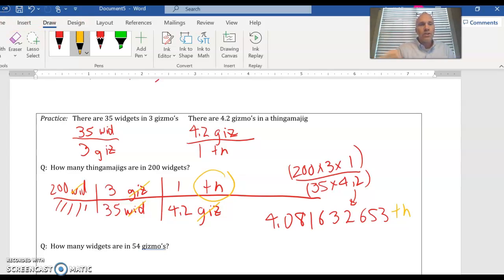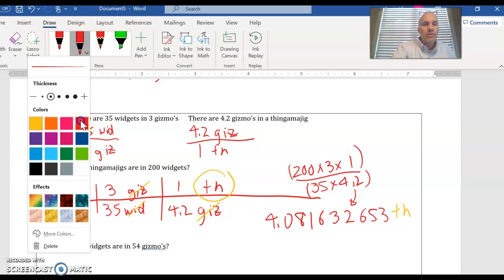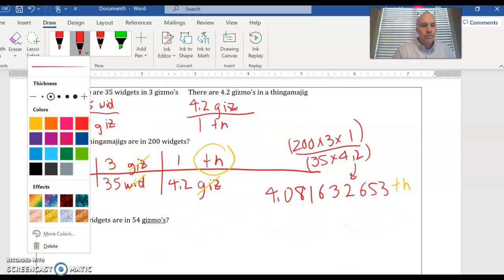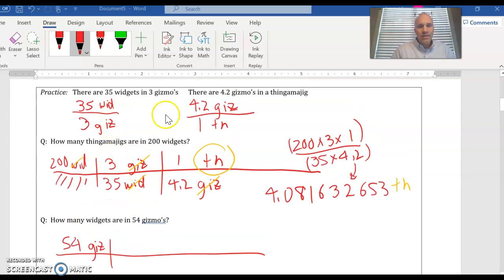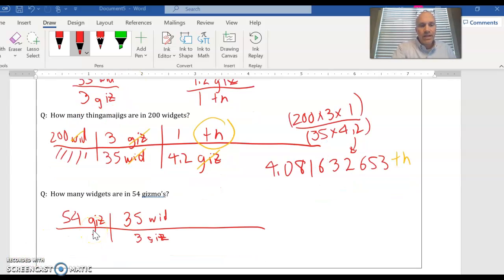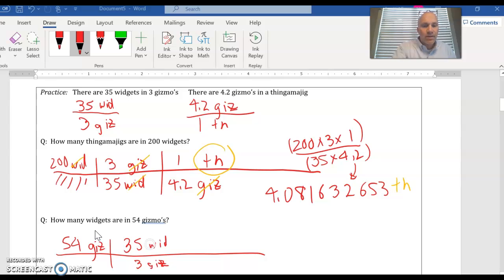So, same relationships. We're just going to make one more crossbar. Here it says how many widgets are in 54 gizmos. Again, these relationships are still true. So getting from gizmos to widgets, in this case, I only need to use one of these relationships to get me directly to what I'm eventually after.